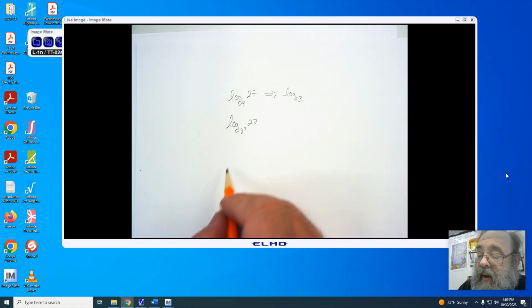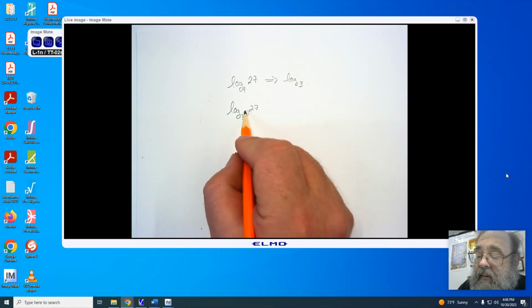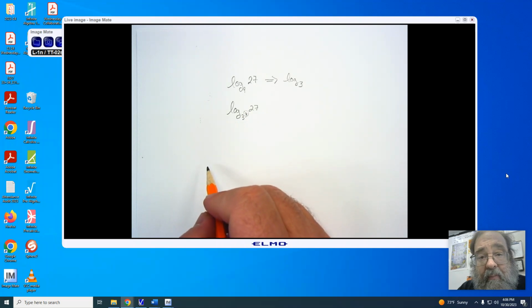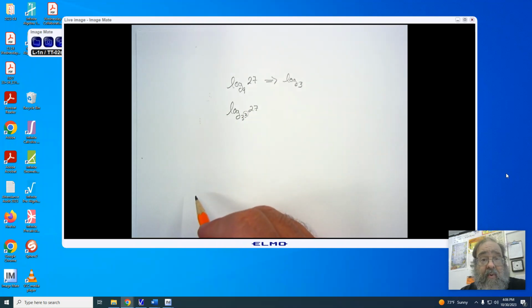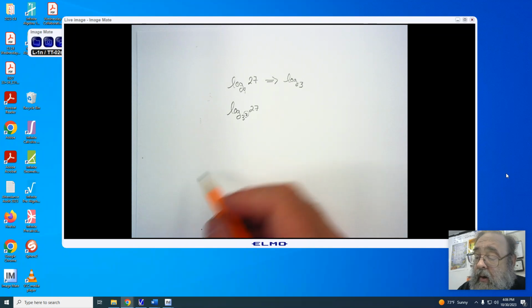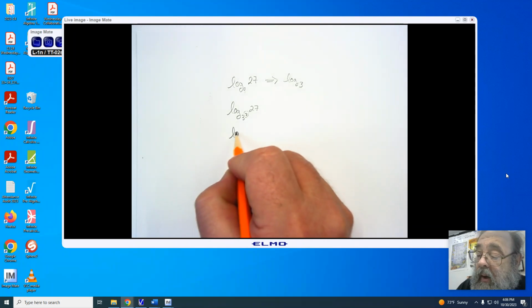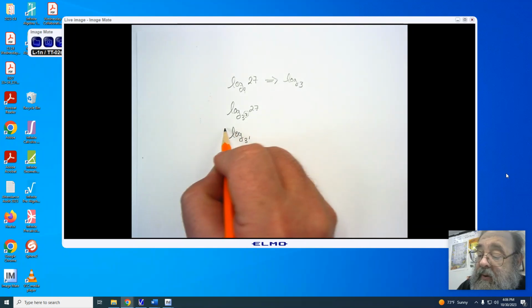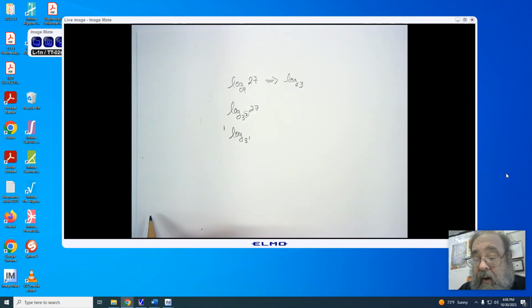Whatever I do here, in order to make it the appropriate power, I'd have to get rid of the 2 and get it into a 3. So what we had is going to be in the denominator, and what we want is in the numerator. We want log base 3 to the first, so 1 is in the numerator.